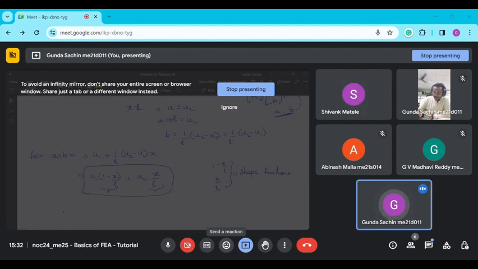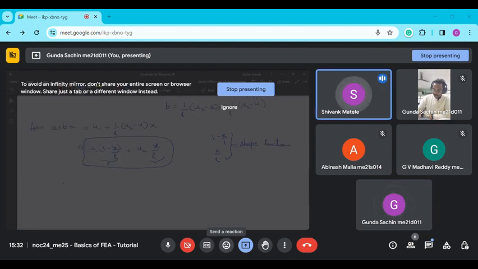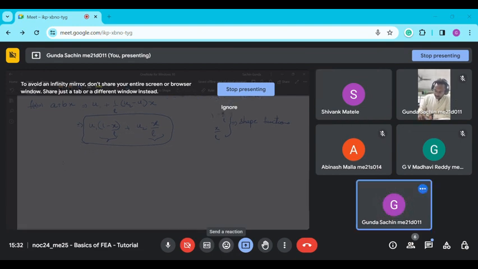We don't call 1 minus x by L and x by L interpolation functions; we call them shape functions. Shape functions and interpolation functions are different. They are not the same.